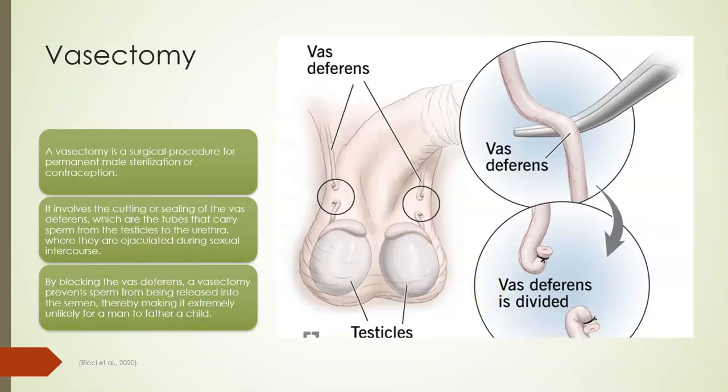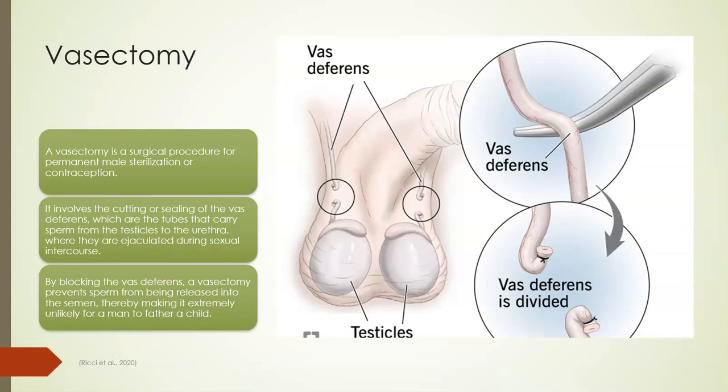Vasectomy. A vasectomy is the same as tubal ligation, or rather, a vasectomy is what men have, while women have tubal ligation. Okay, so a vasectomy is a surgical procedure for permanent male sterilization or contraception, just as tubal ligation is a surgical procedure for permanent female sterilization.